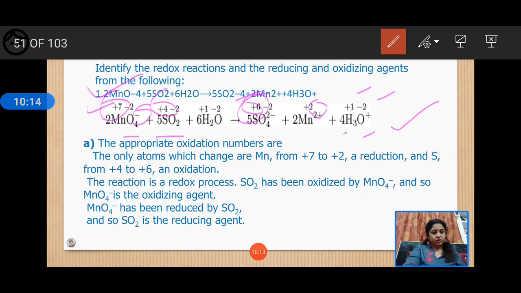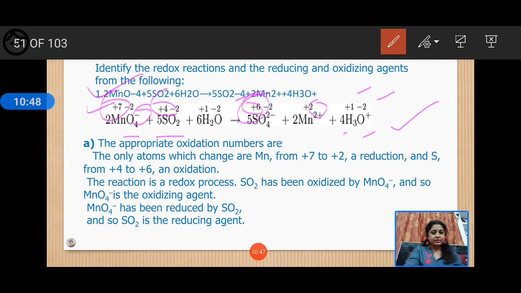The only atoms which change oxidation number are manganese from +7 to +2, a reduction, and sulfur from +4 to +6, an oxidation. Clear? +7 to +2, oxidation number decreasing, reduction. +4 to +6, oxidation number increasing, so it is oxidation. The reaction is a redox process.